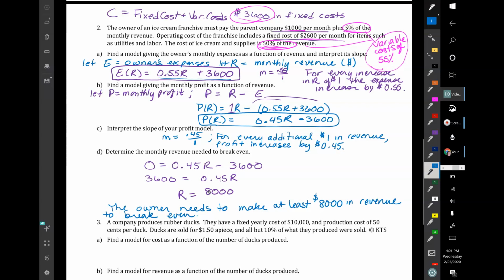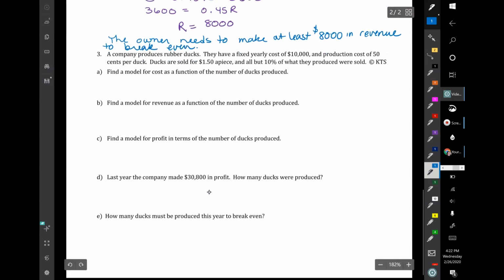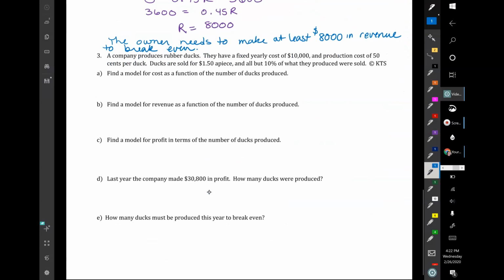So there's a third problem on here as well. Number 3. That one I have already done in a separate video. I did it for the hybrid students. So for the online students, if you want to hold on to that one for a minute, I'll put that video up.